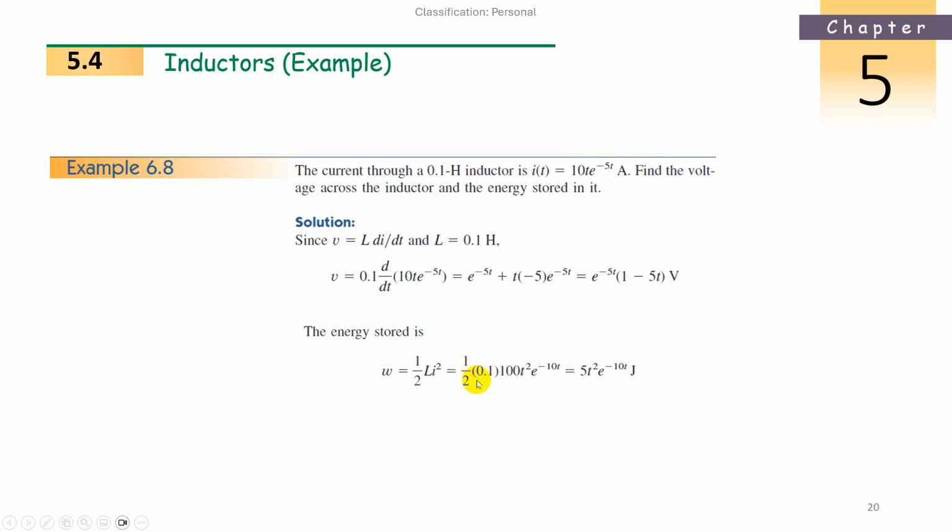So this is your final equation. 50 into 0.1 becomes 5 t square e power minus 10t joules. This is your energy stored.